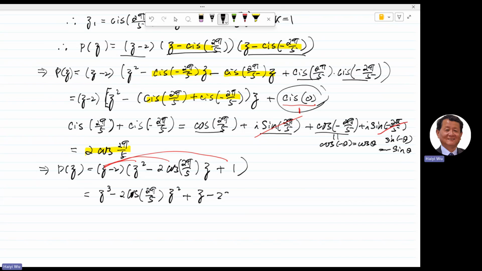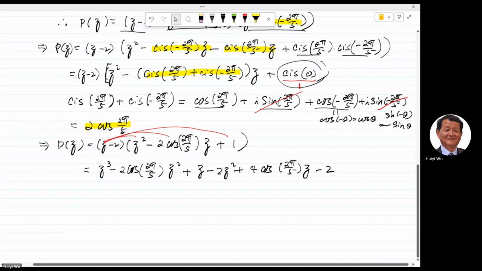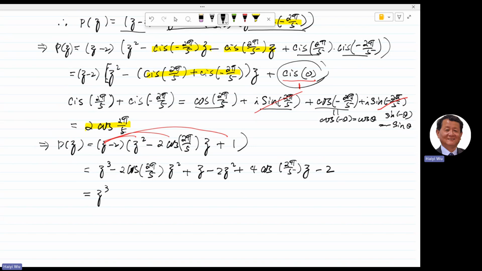negative 2Z squared plus 4 cosine 2 pi over 5 Z and minus 2. So I'm going to collect the like terms. Z to the power 3 first, and then those two together.